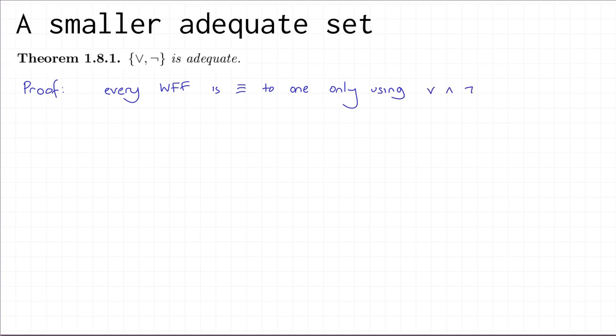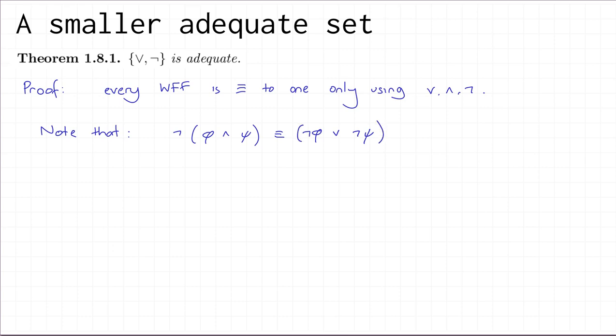So all I want to do is get rid of the and from this. So how can I get rid of the and? Well, we can use De Morgan's laws. So De Morgan's laws tell us for any well-formed formulas phi and psi that phi and psi negated is logically equivalent to negation of phi or negation of psi.